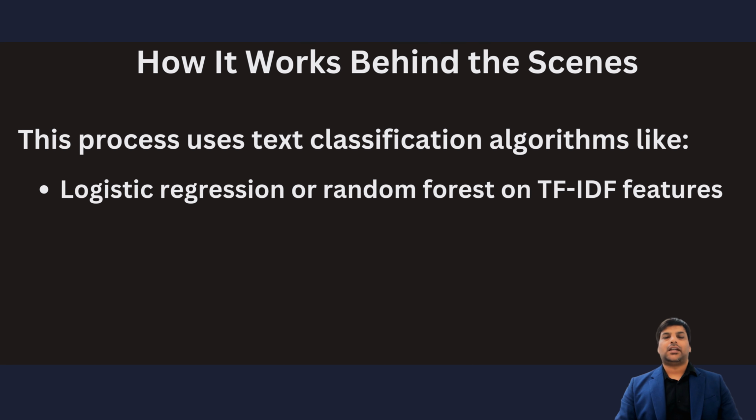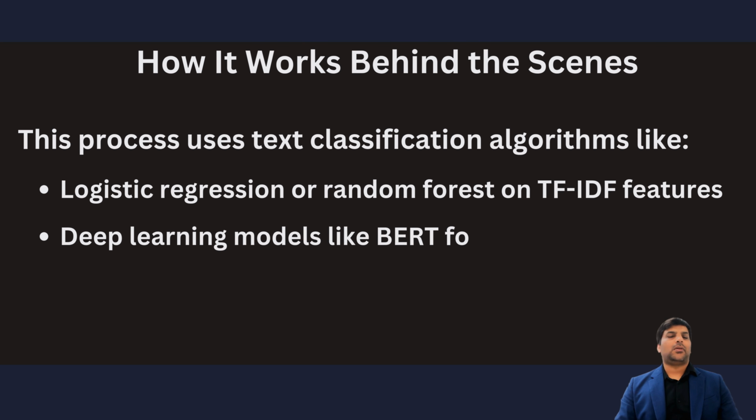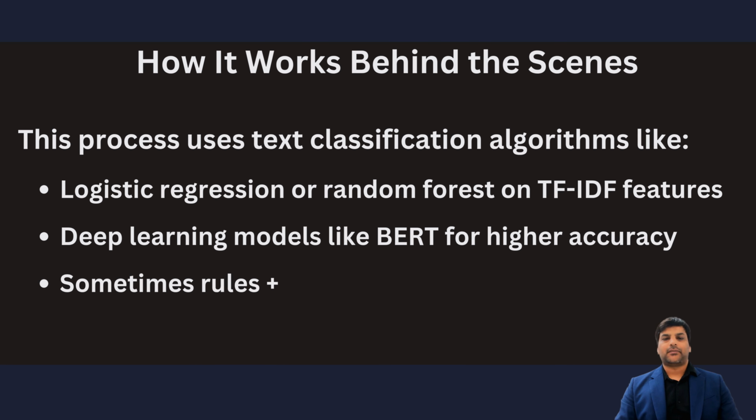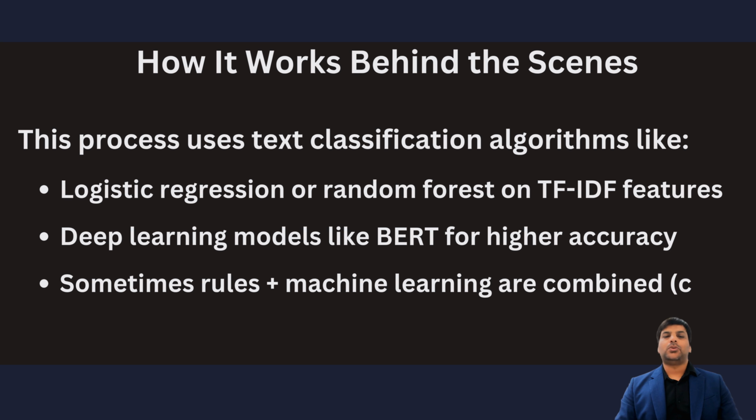Then it also uses a BERT deep learning model for higher accuracy, and sometimes it uses heuristic rules plus machine learning combined, called hybrid models. So internally, they use some machine learning to do the categorization. Now let's summarize this ticket categorization topic in the next slide.